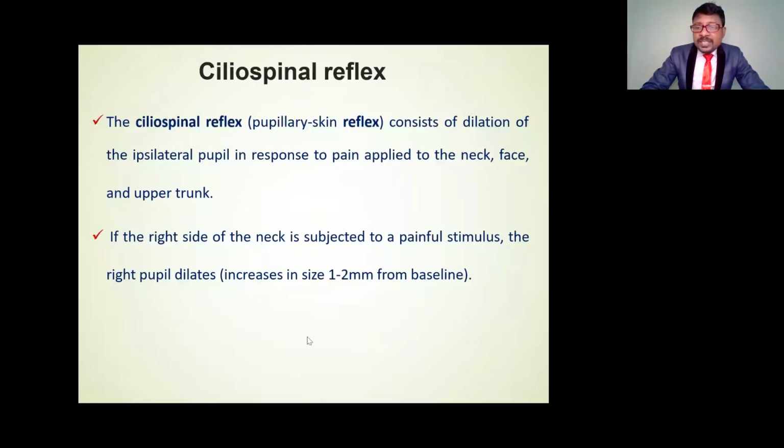If the right side of the neck is subject to a painful stimulus, the right pupil is going to be dilated. If the left side, the left pupil is going to be dilated. That is the normal response. If anybody has damage, the pupillary skin reflex is going to be absent because of the damage.